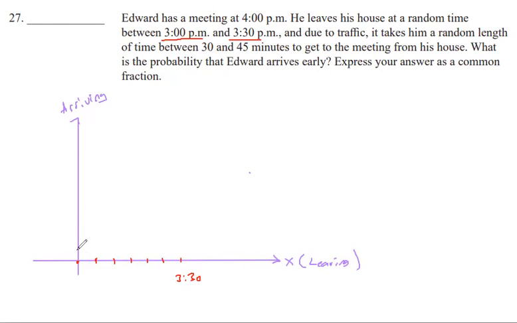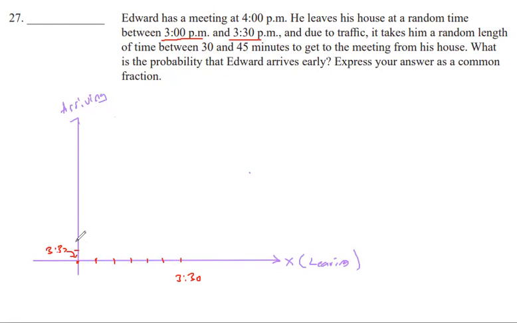I'm going to say this is 3:30. Maybe I should consider this as 3:30. That might be a bit better. So let's go with that. So this is 3:30, arriving time for this guy.